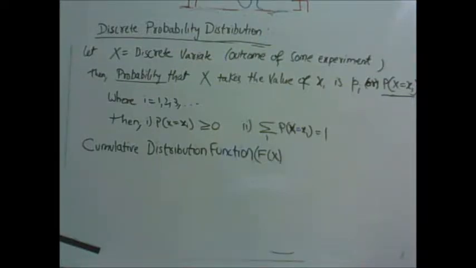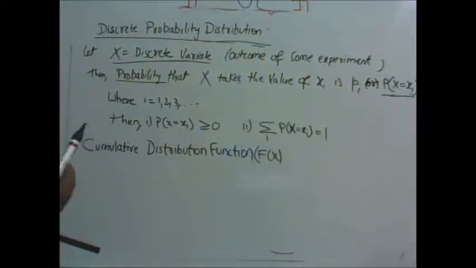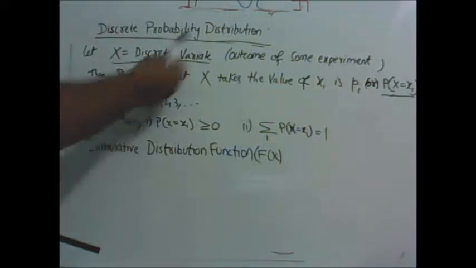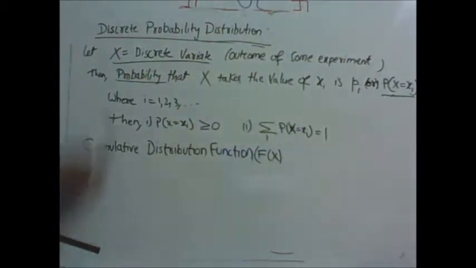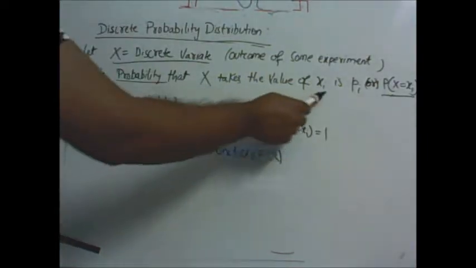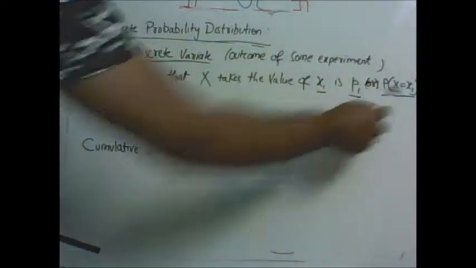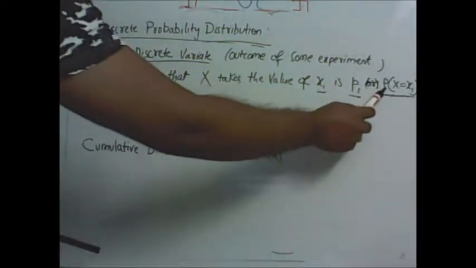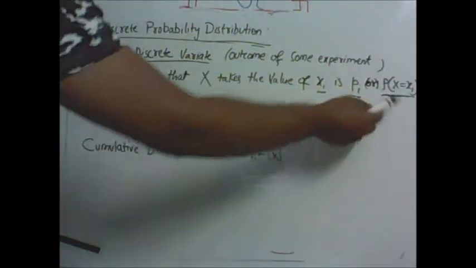Now coming to discrete probability distribution, if x is a discrete variate, and this discrete variate, as we discussed, has the sample space as its domain, that is, it is an outcome of some experiment, then the probability that x will take some value xi is denoted by pi, or p of x such that x equal to xi.